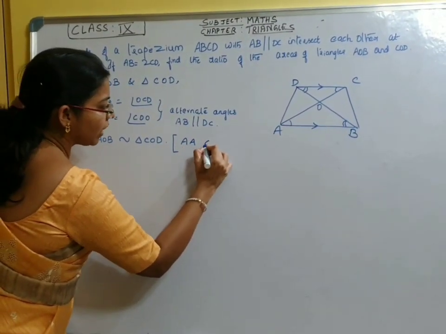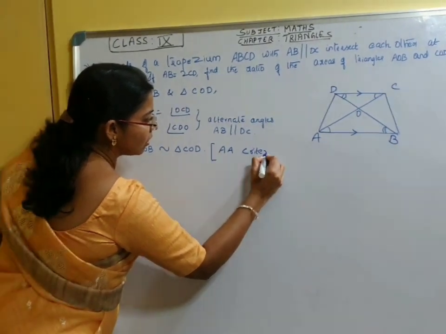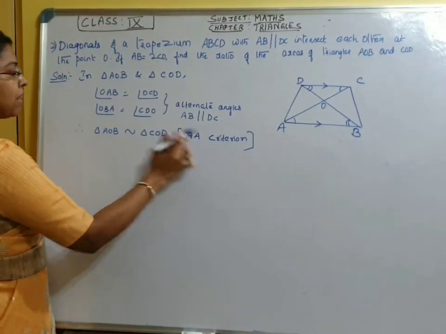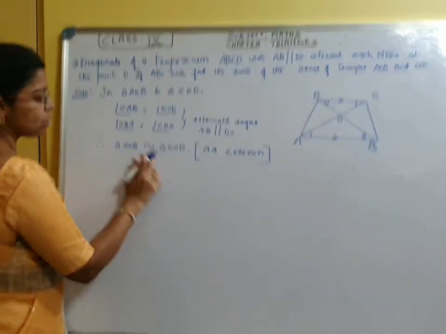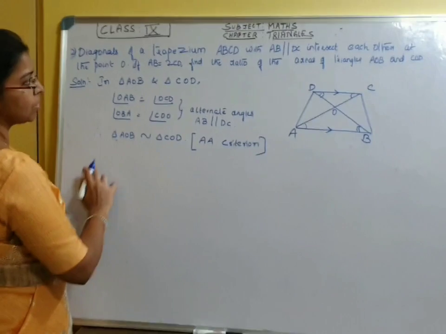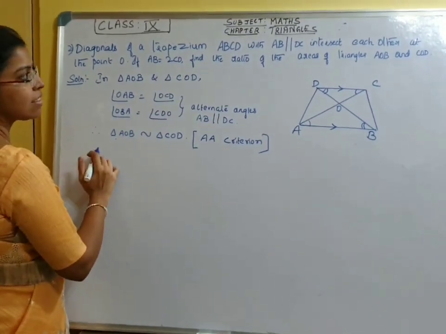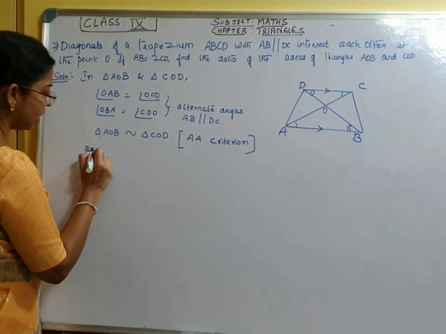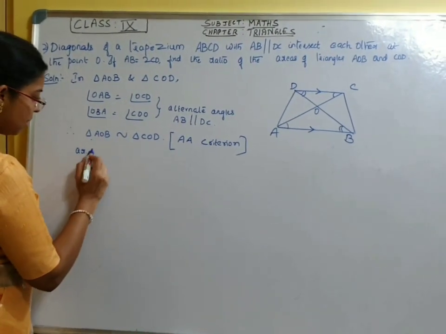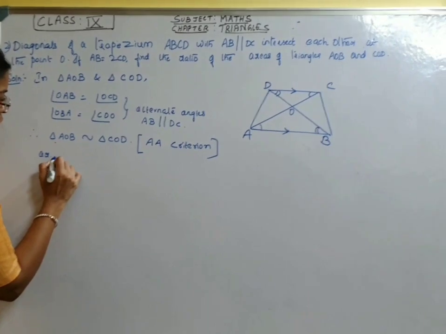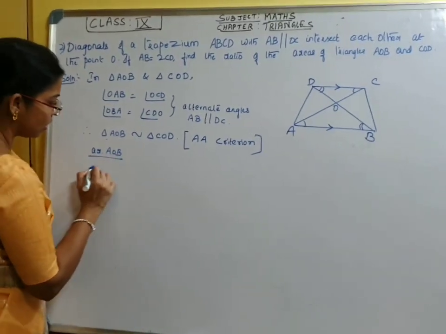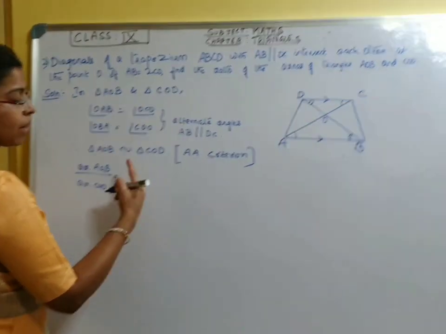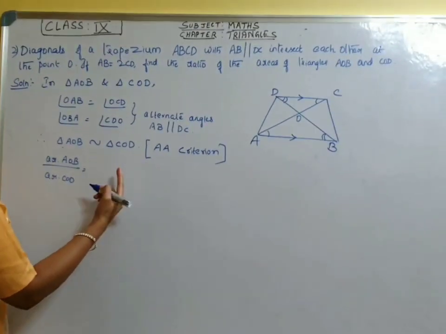By AA criterion. You can even write AA similarity criterion. Once these two triangles are similar, what we need to find out is areas of triangles. From areas of similar triangles, we know that when two triangles are similar, their ratio of the areas will be equal to the ratio of the squares of their corresponding sides.